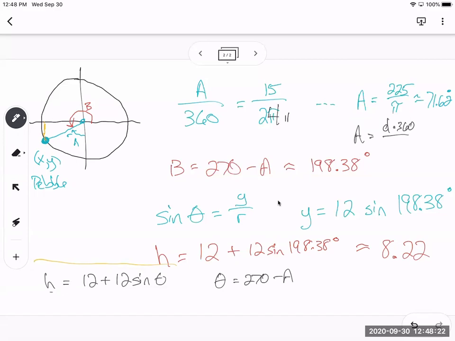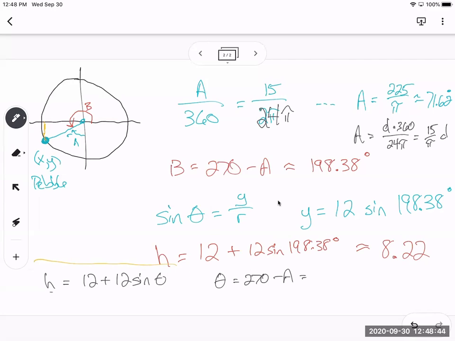This should be 24 pi. I knew when I was looking up there a moment ago, something was incorrect. Sorry about making that mistake earlier. So D times 360 divided by 24 pi, which simplifies to 15 over pi times D.